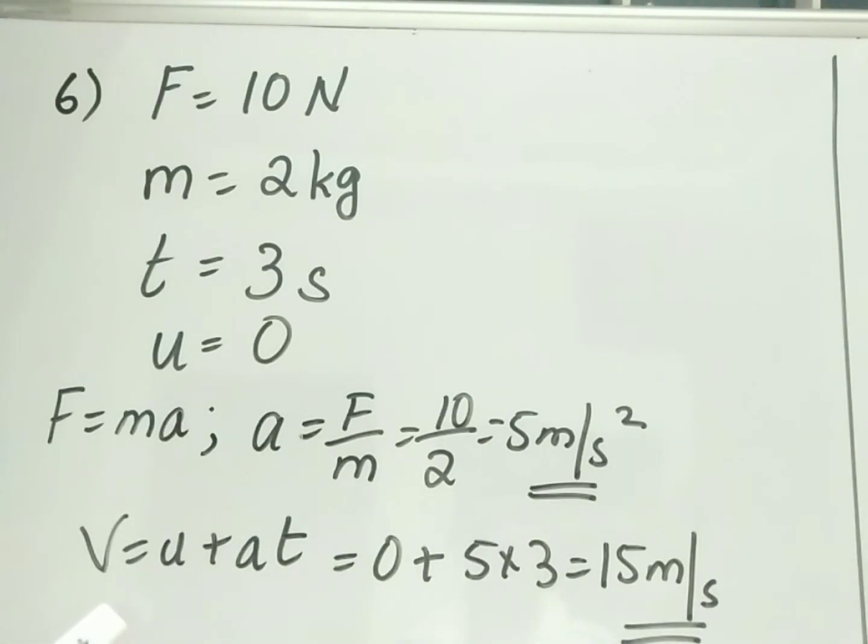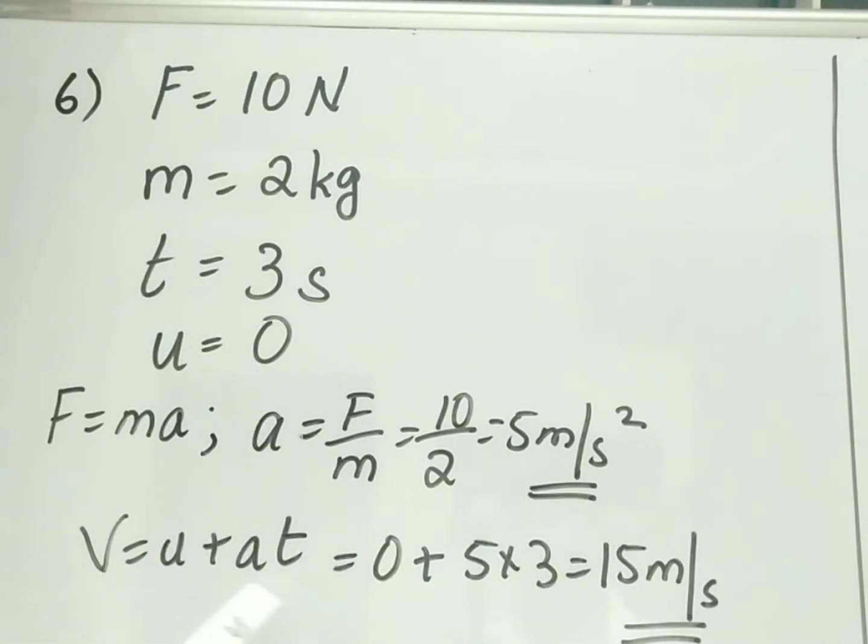We don't have the speed, but we have the 3 equations of motion we studied in chapter 2. In that, the first one, v is equal to u plus at. So for that we need the value of a. So since mass and force are given, whether it is asked or not, you have to find it. F is equal to ma, we got a.